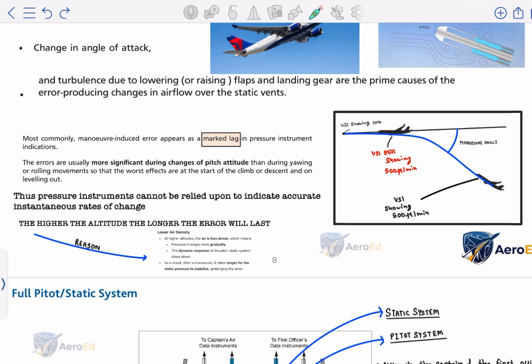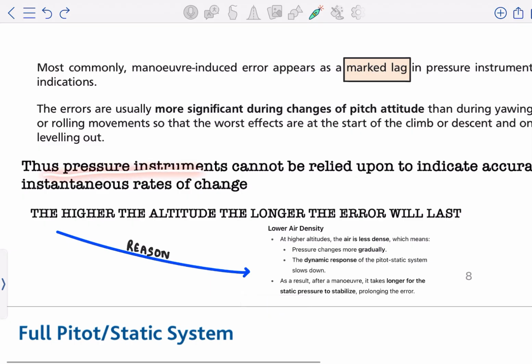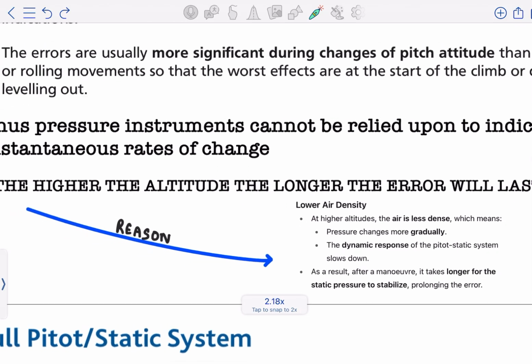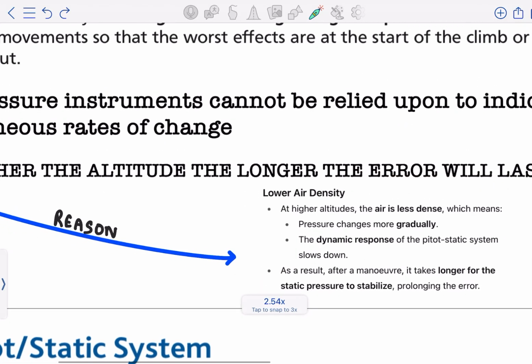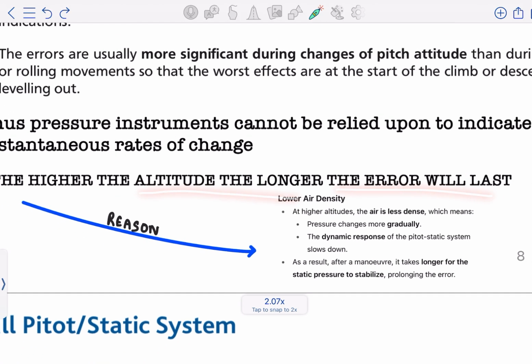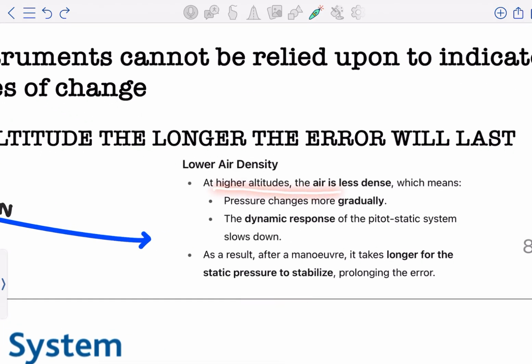Next, let's read this: pressure instruments cannot be relied upon to indicate accurate instantaneous rates of change. The higher the altitude, the longer the error will last. Why is it written that the higher the altitude, the more prolonged the error? Because at higher altitude the air is less dense.